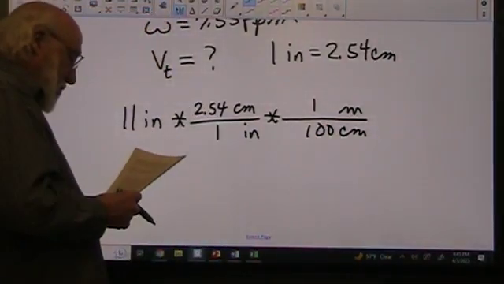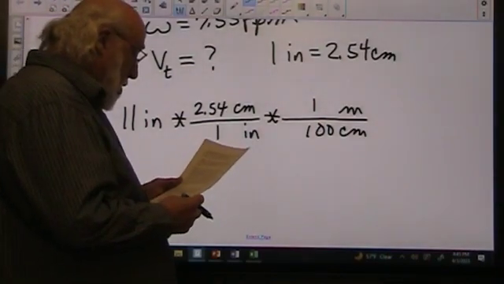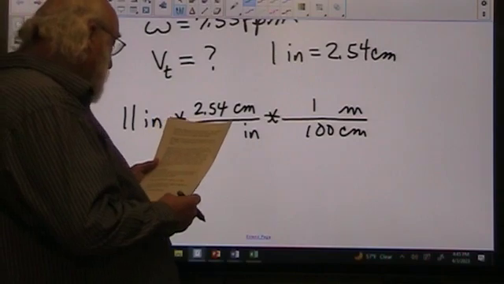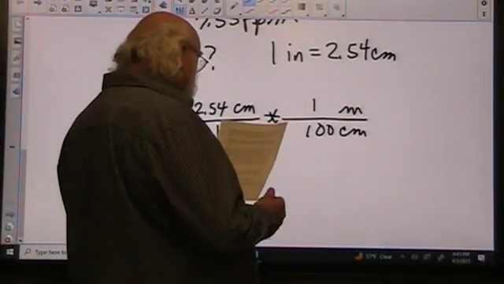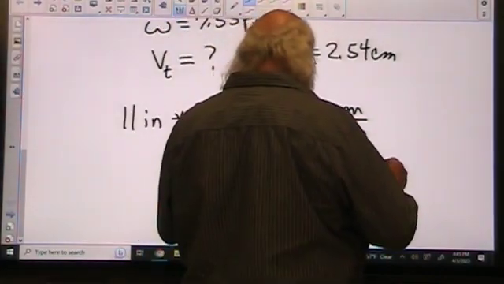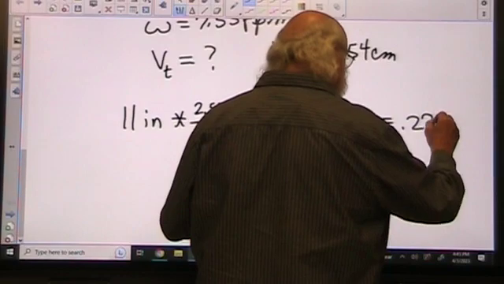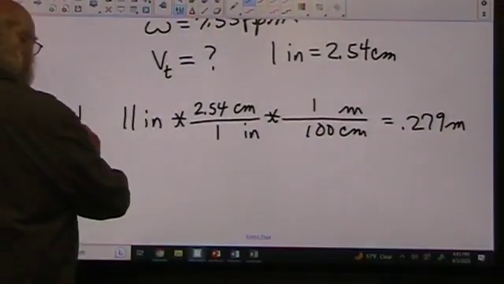And we punch this into our calculators, and we get 0.279 for the diameter. But we don't want the diameter, we want the radius.